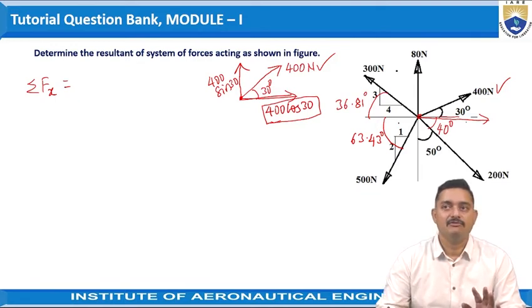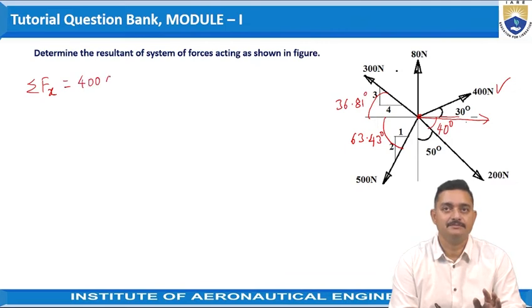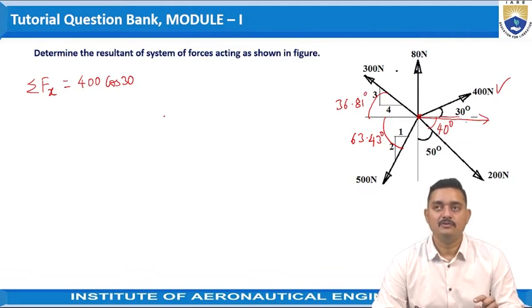So we can directly take it as a positive value. So this would be one force, that is 400 cos 30, which is acting in the positive direction. Then coming to the second force, that is the 80 Newton force, it is directly acting in the vertical direction. So there is no horizontal component for this force, so we can eliminate this.